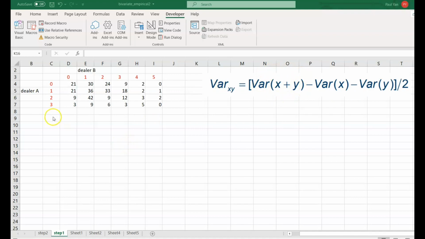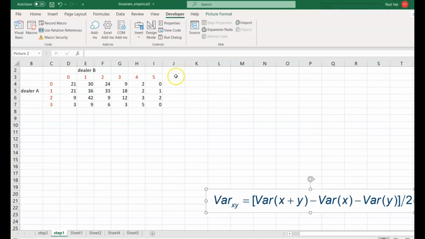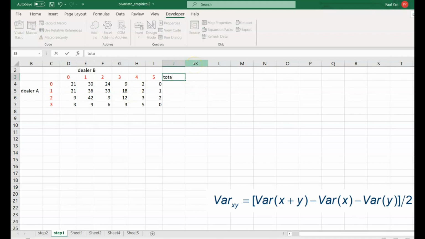Okay, and so let's calculate dealer A's variance. I put this one here. Because for dealer A, we know they have 0 car, 1 car, 2 car, 3 car. So this is their total.